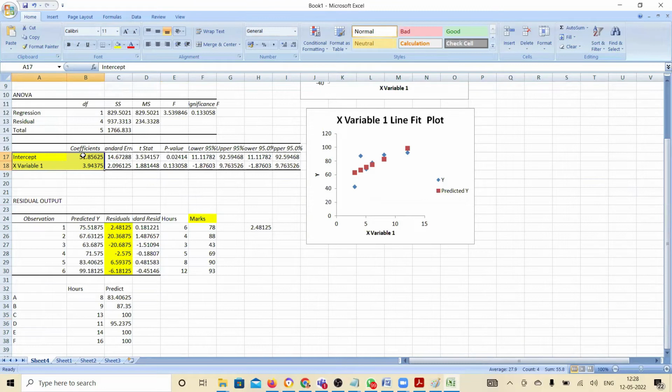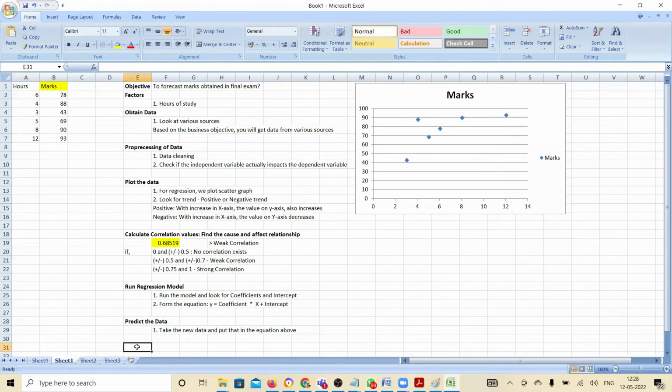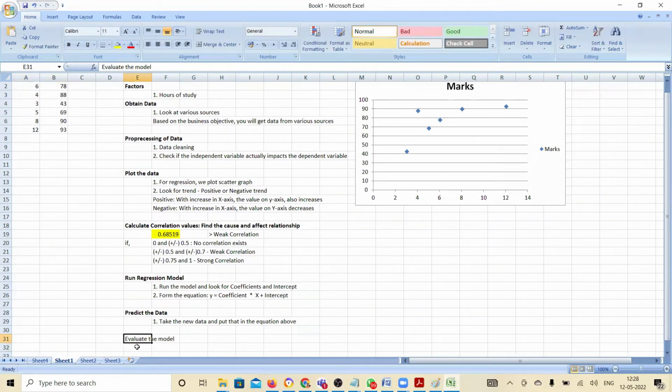Yes? Yes, sir. The last step is to evaluate. You have worked hard, but how do you know whether the model did the right job or not?